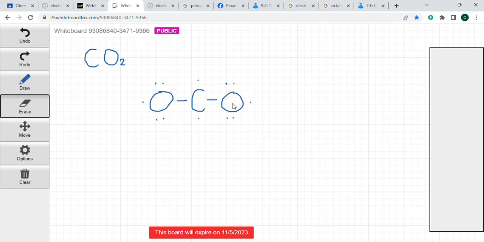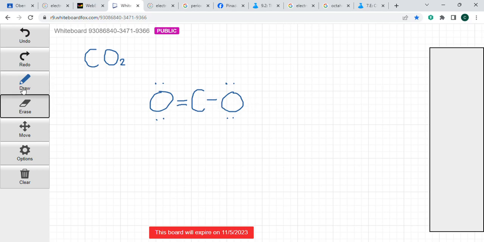What we can do is make this electron and this electron form a bond. Here's the bond that they form. We do the same for these two electrons, this one and this one.